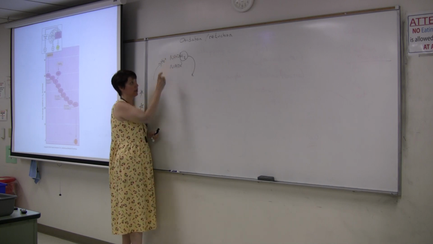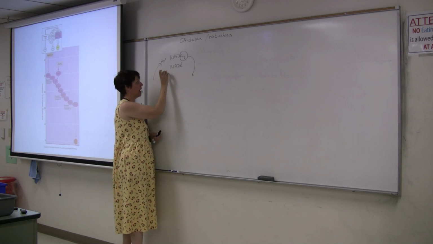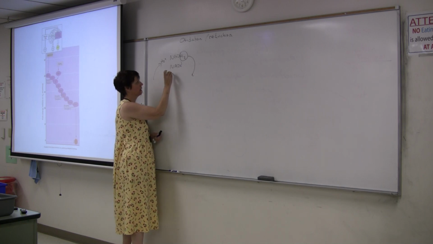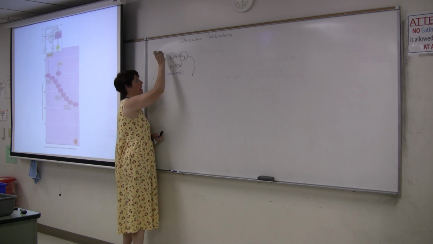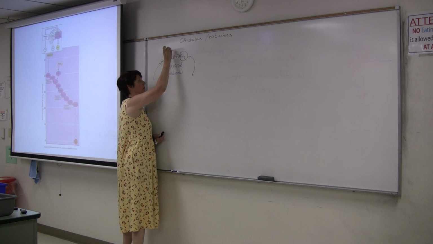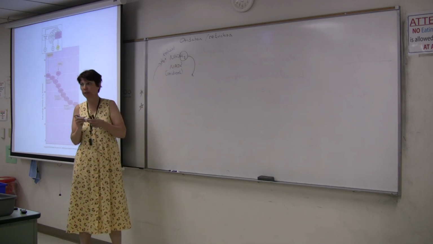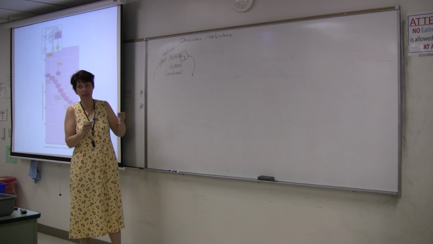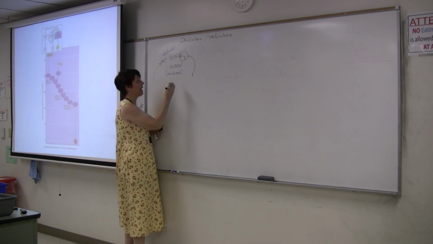So this molecule is reduced, this molecule is oxidized. So this would be the oxidized form of NAD, and this is the reduced form. The next molecule that can accept that hydrogen, and bear with me and it'll make a little bit more sense, is FAD.